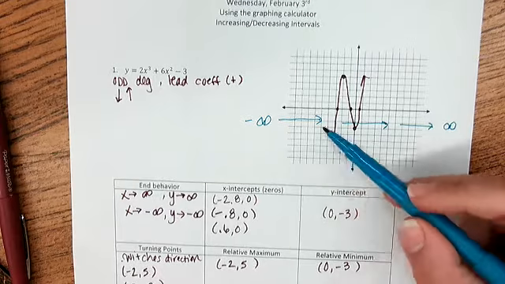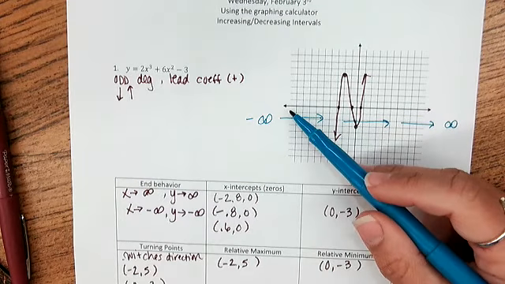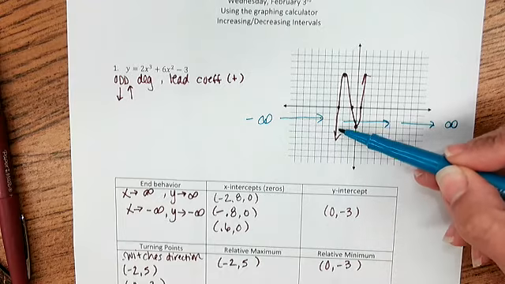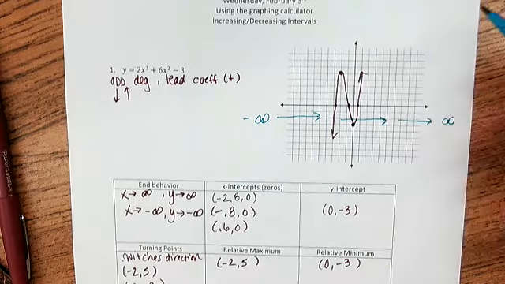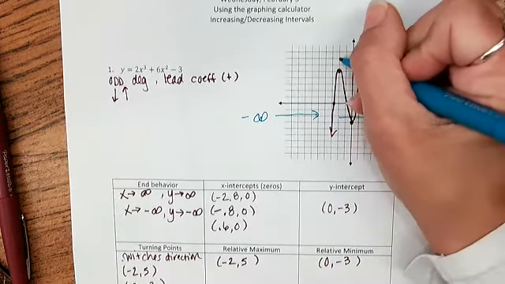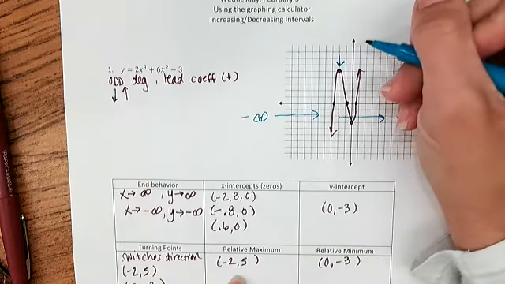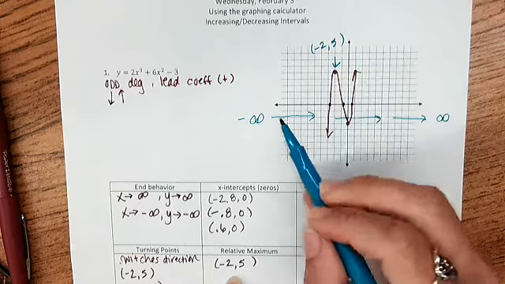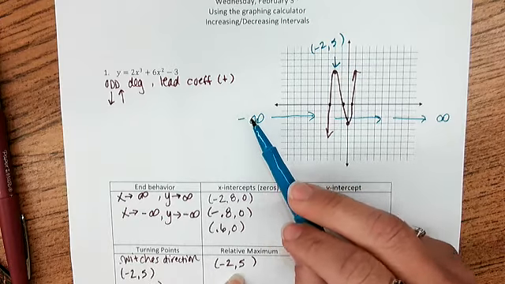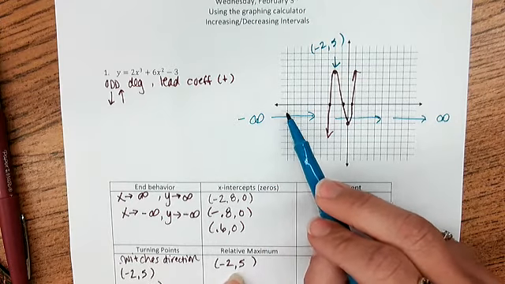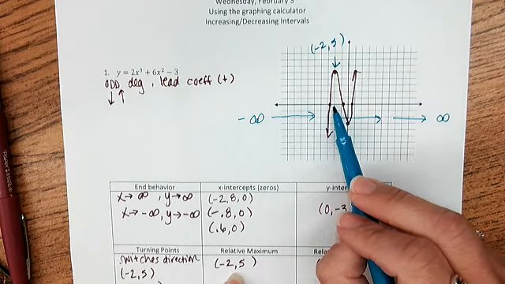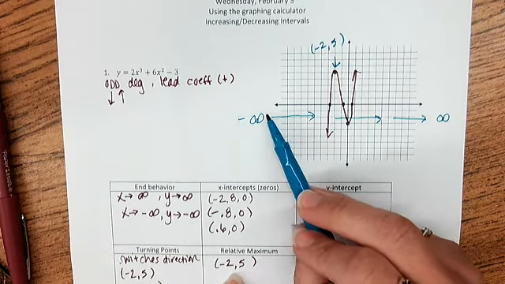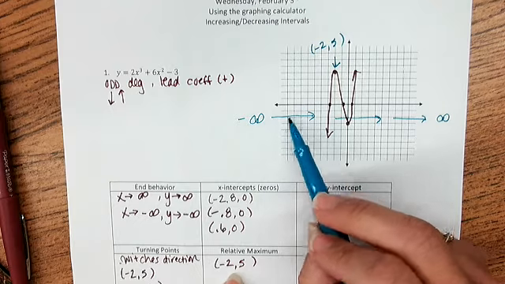Okay, well, when x is negative a gazillion, my graph is way down here. And then y is increasing and increasing until it gets to this point right here, which we decided was negative 2, 5. So from negative infinity all the way until I get up to negative 2, y is increasing, as x is getting closer and closer to positive infinity.